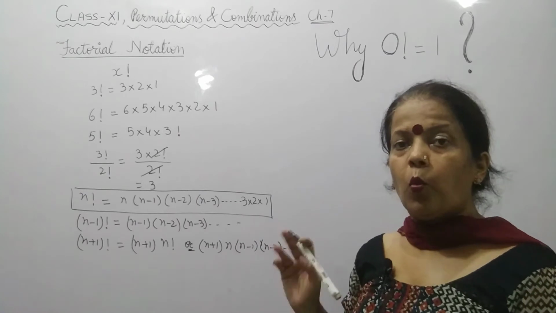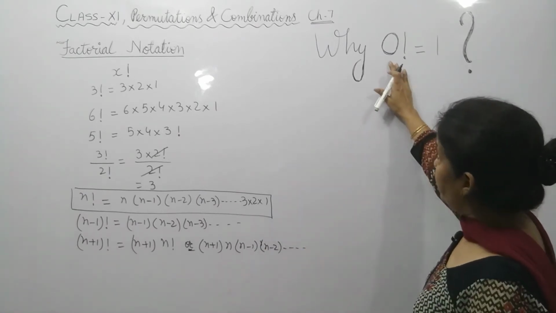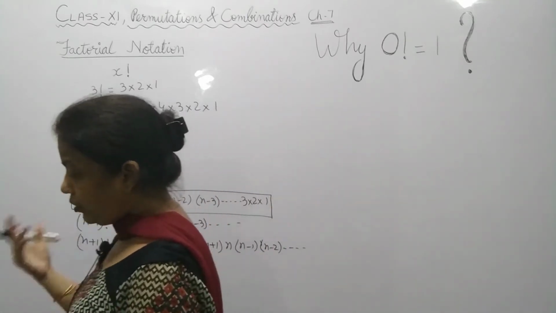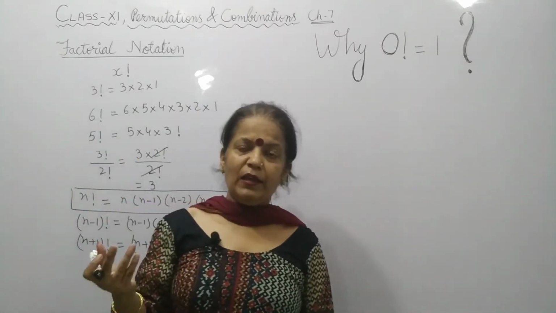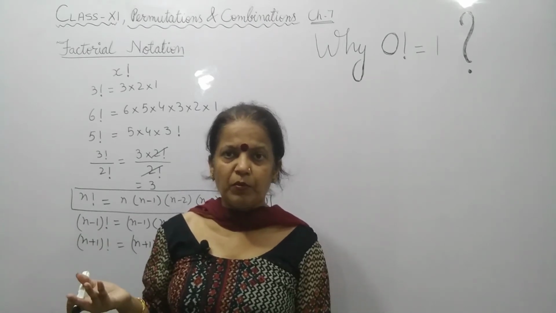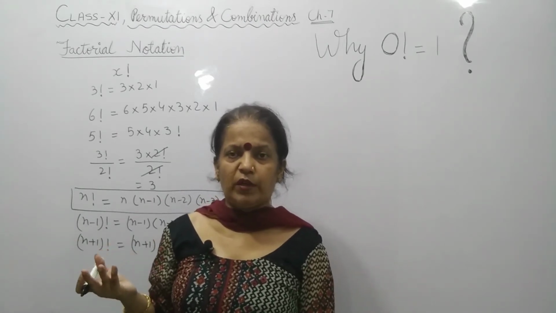But what will happen if it has 0 factorial? In the junior classes we learnt that any number power 0 is always 1. This concept we have learnt in the junior classes.